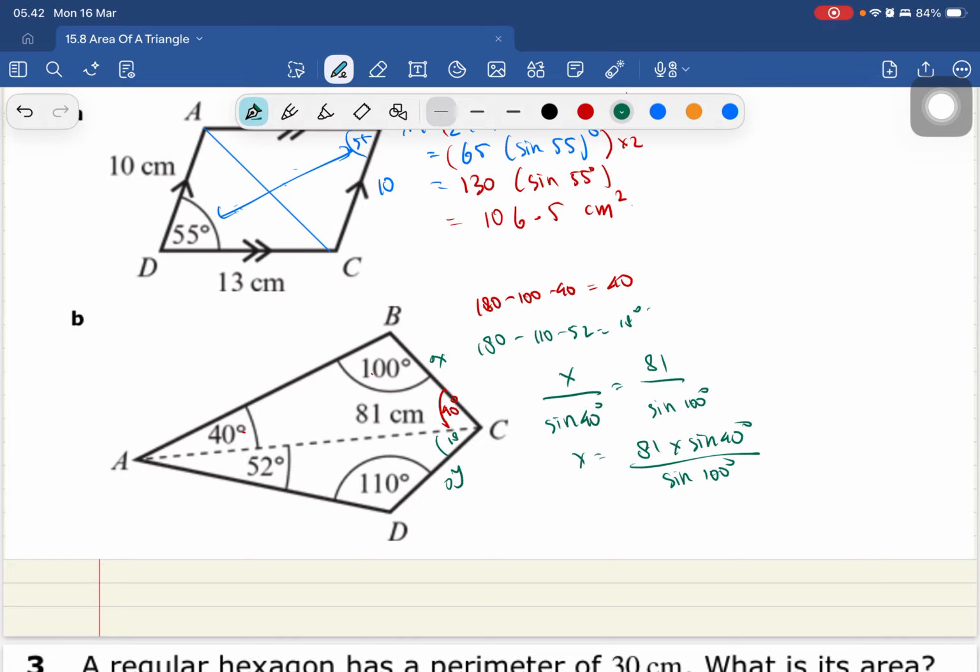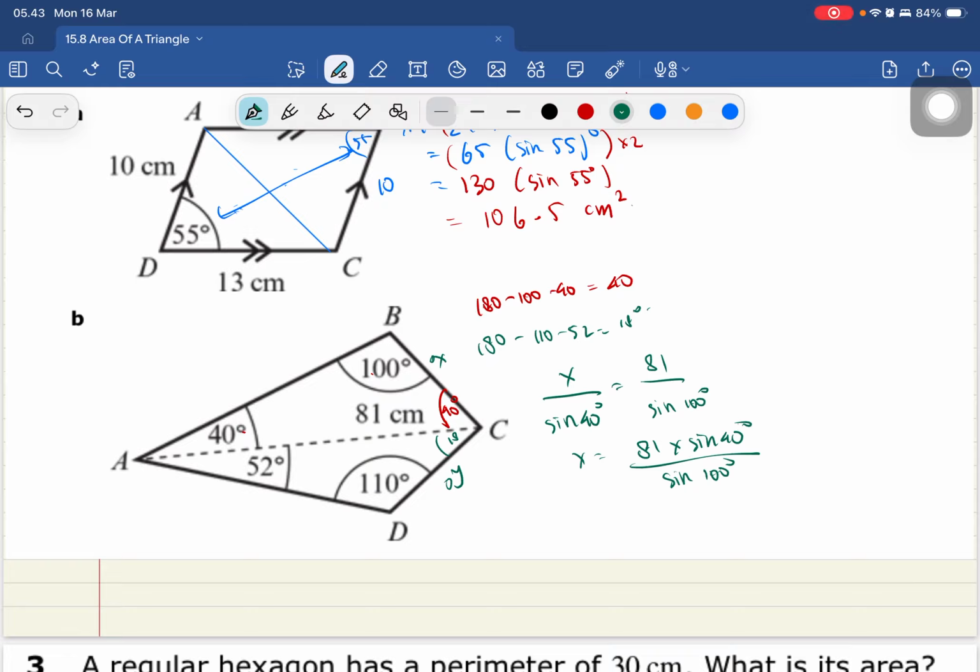Let me use this calculator again. 81 multiplied with sine 40 degrees, then we divide it with the sine of 100 degrees.